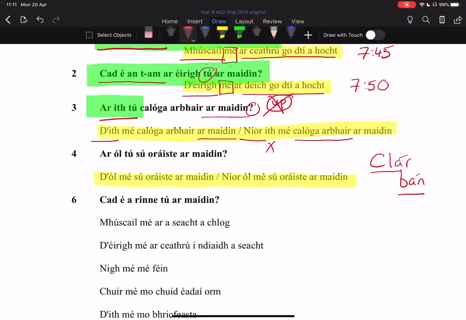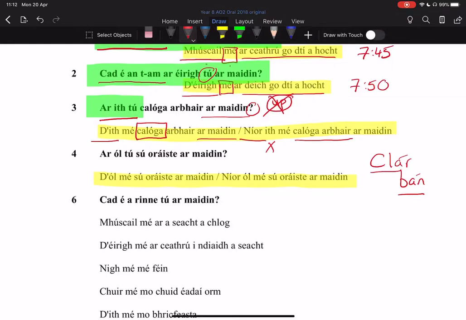So the word order comes different in Irish. And for this example, that's the Irish word for flakes, flakes of corn or cornflakes. So ith tú calóga arbhair ar maidin? Did you eat cornflakes this morning? D'ith mé calóga arbhair ar maidin. Níor ith mé calóga arbhair ar maidin.